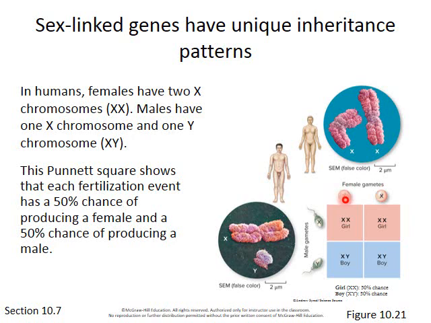So X and X, X and Y, this is the male, this is the female. And then you fill in the Punnett square: X and X, X and X, so those are the female offspring, X and Y, X and Y. So you have a 50% chance of producing a female and 50% chance of producing a male.